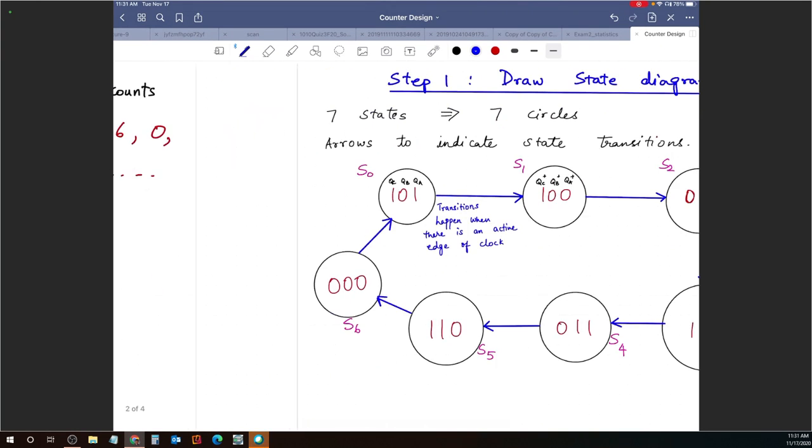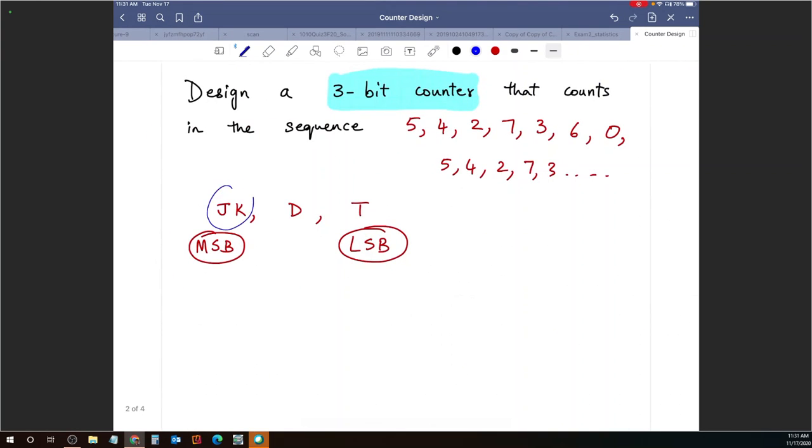And in our statement, we said, let us use JK for the most significant bit, D next, T next, right? So QC is my most significant and QA is my least significant.